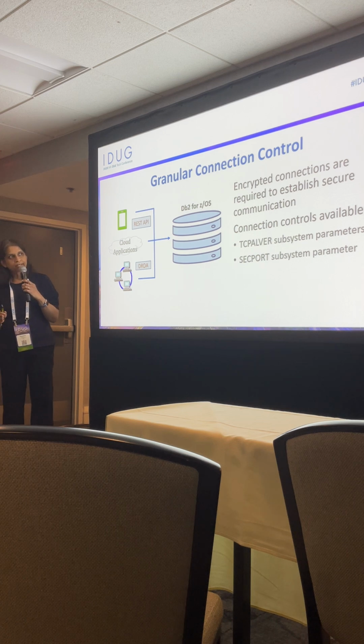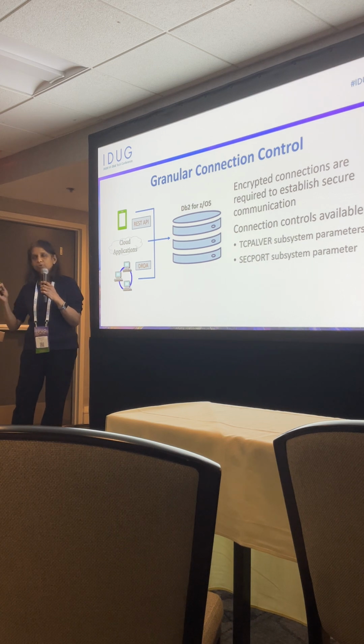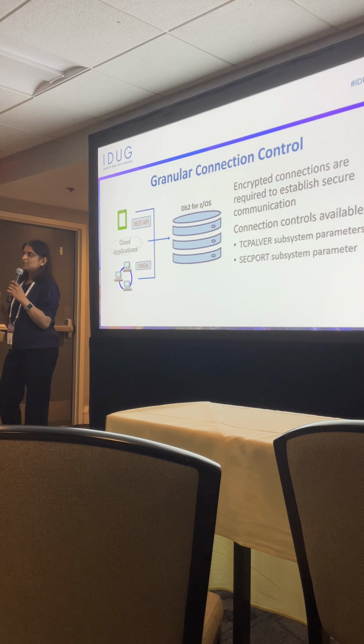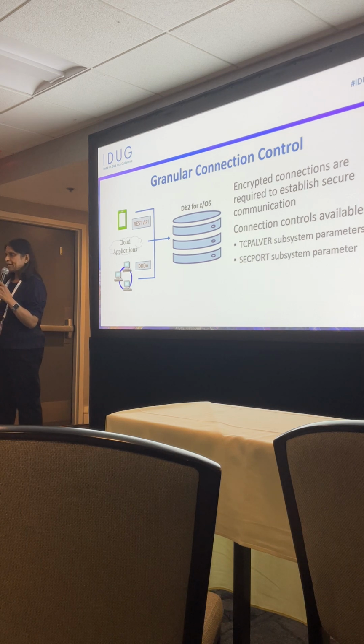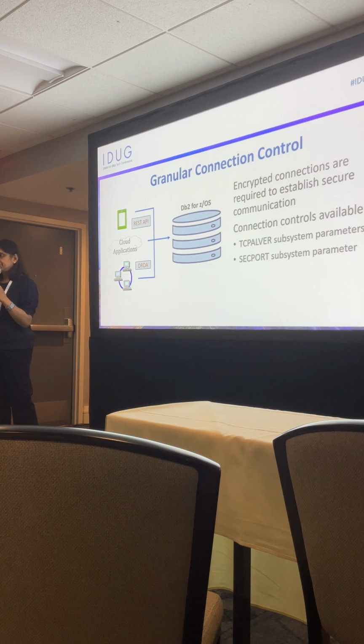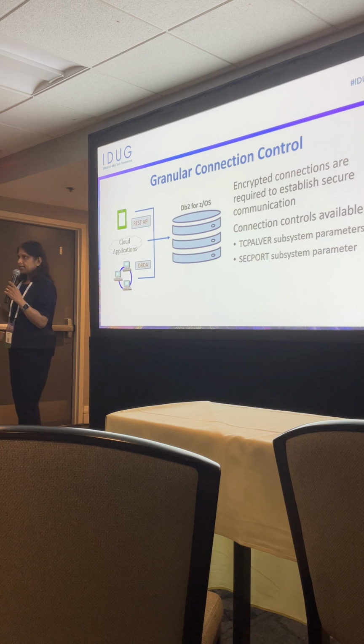In addition to that, in Db2, we have two controls, right? Like TCP/IP already verified, that gives you some control over what kind of authentication mechanism you want to connect with, and secure communication. And then you also configure your secure port subsystem parameter. But that doesn't give you the granularity that's needed to help with the migration of applications to use this secure communication.